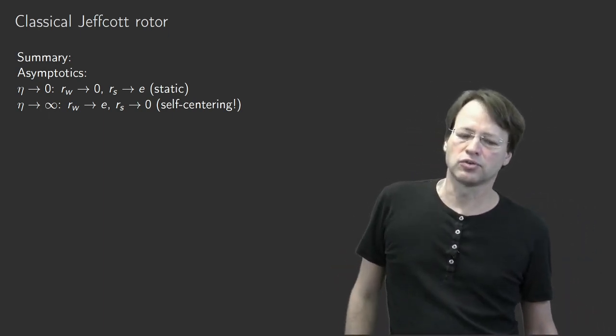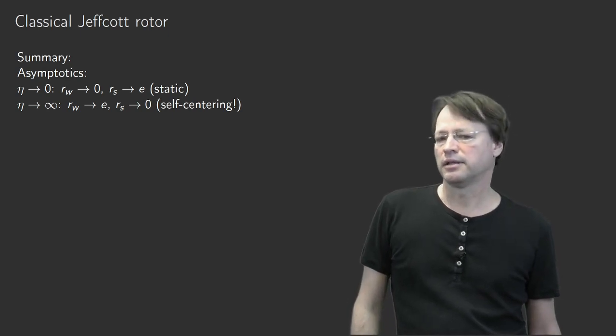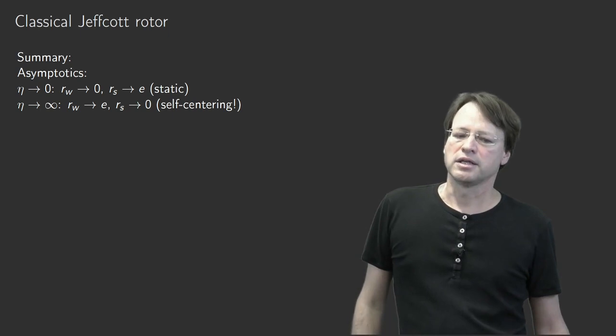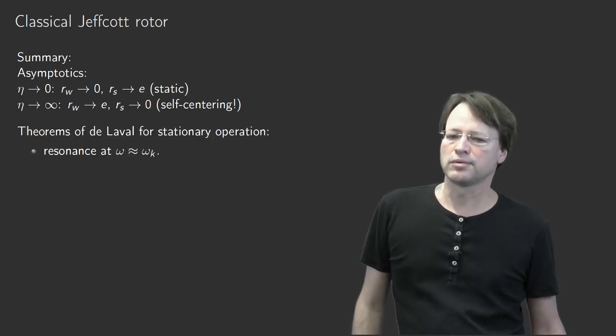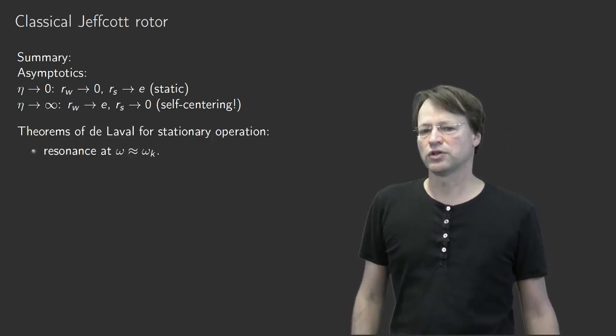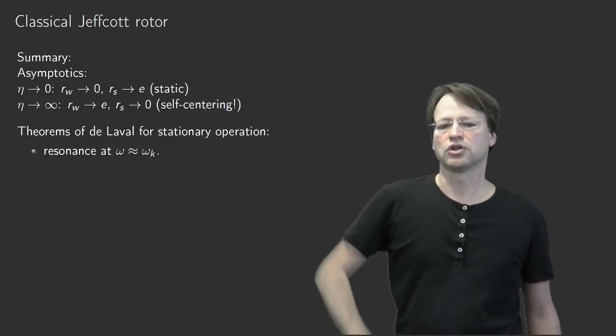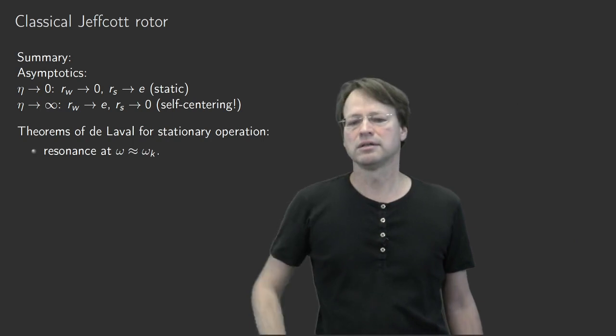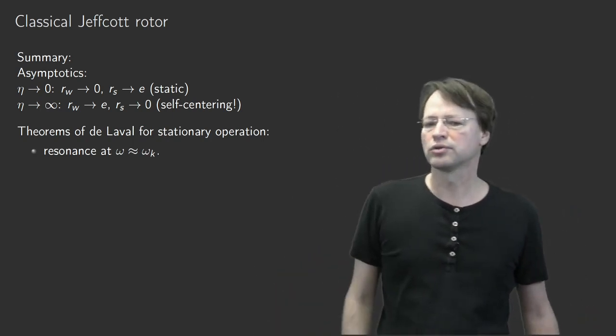That's very important to retain, and that result, together with the result on the resonance, is summarized in the two theorems of de Laval for stationary operation. The Jeffcott rotor in German and also in the French literature is therefore also called the de Laval, or just simply the Laval rotor.